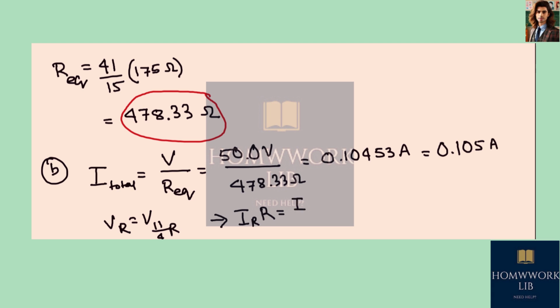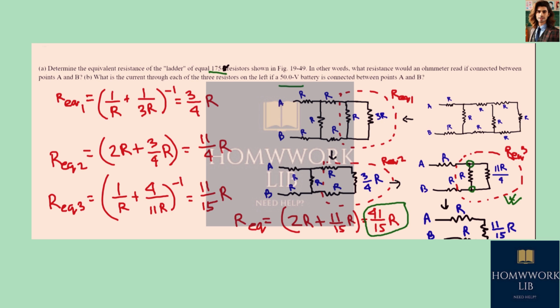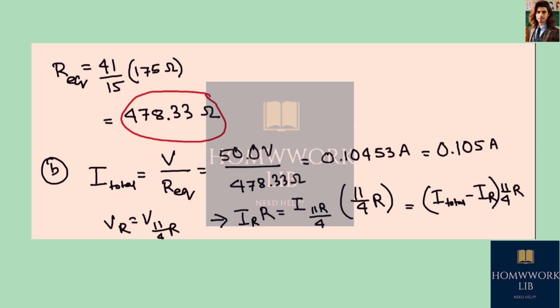So the current through the 11 by 4R resistor times 11 by 4R is nothing but the total current minus the current that's passing through R, times 11 over 4, because as we mentioned, the current is going here and then it's splitting, so if we subtract the current through this guy from the total, we get this current, and that's what we did here.